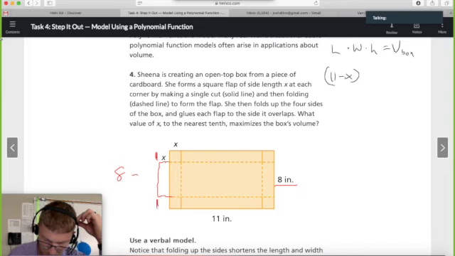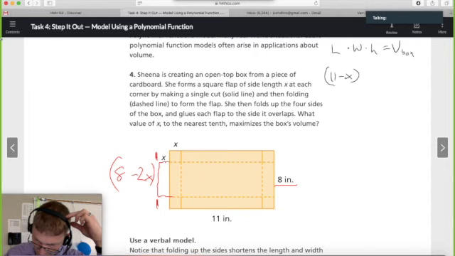There's an x here. So it is actually 2x. Which, of course, means I got my other one wrong, too. So let's fix that. So that's 11 minus 2x. And then we have times 8 minus 2x.